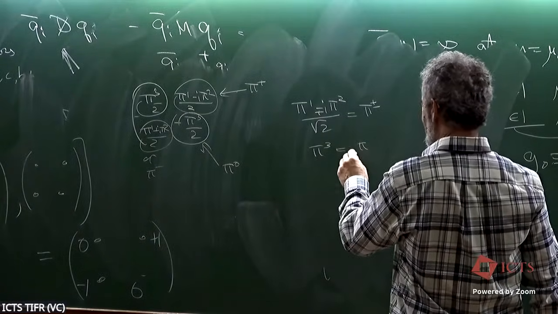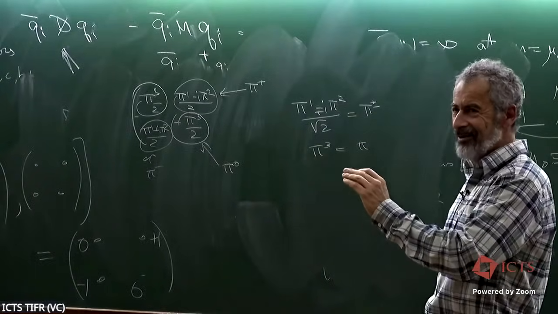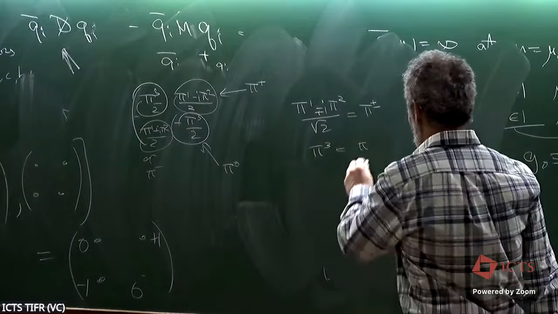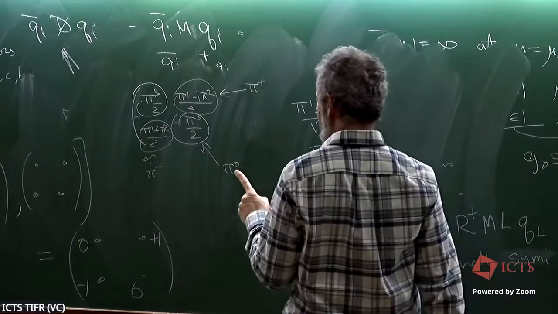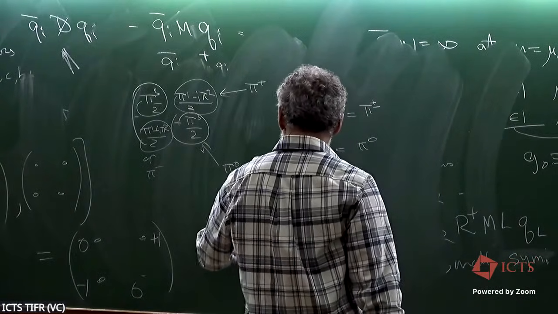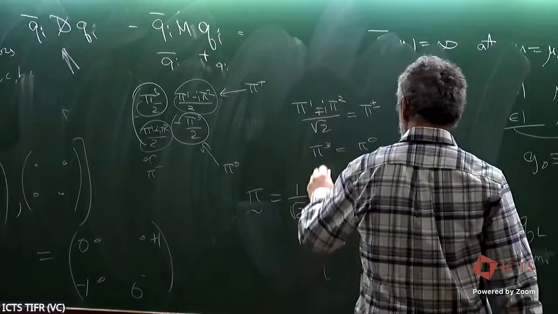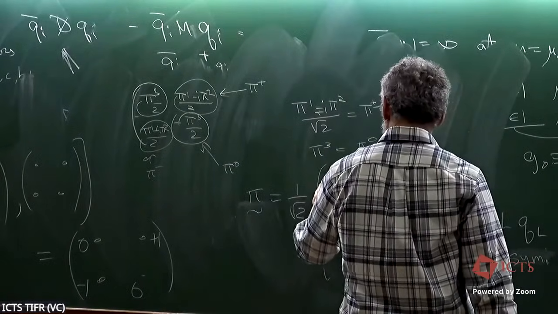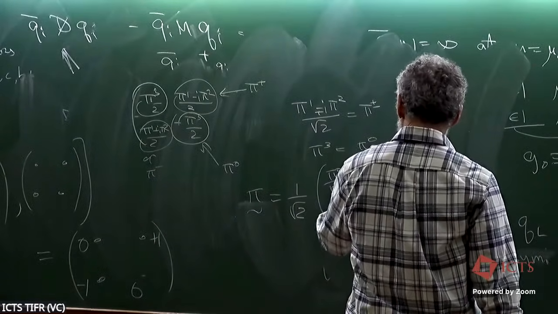What did I do wrong? Right, okay, so that means that our pi can be written as 1 over root 2 times pi 0 over root 2, minus pi 0 over root 2, pi plus, pi minus.